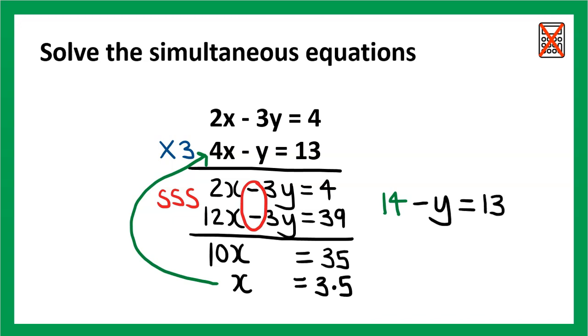I can solve this by thinking about what I need to take away from 14 to get to 13, or by balancing equations, I can subtract 14 from both sides to give me negative y equals negative 1, and therefore y must be equal to 1. So the final solution, x is equal to 3.5 and y is equal to 1.